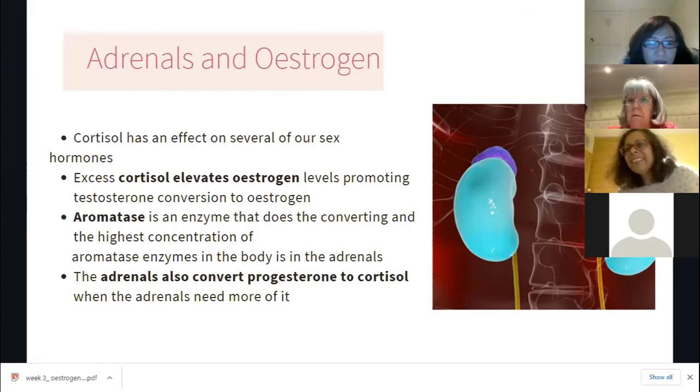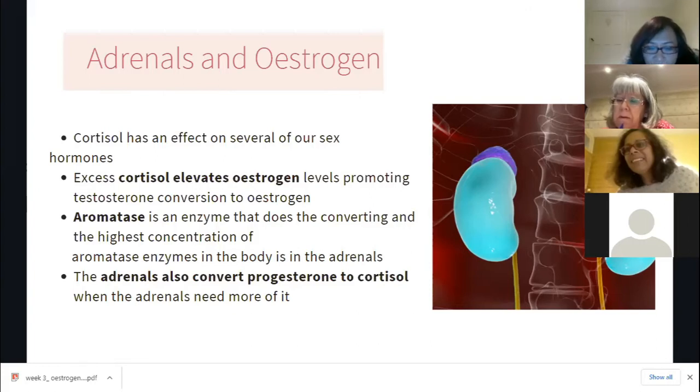The adrenals also convert progesterone to cortisol, and we talked about that in the first lecture when we talked about the pregnenolone steal. If you are under chronic stress for too long, your body needs to make lots of cortisol, so it's stealing, diverting the production pathway of pregnenolone into progesterone instead of the other sex hormones.